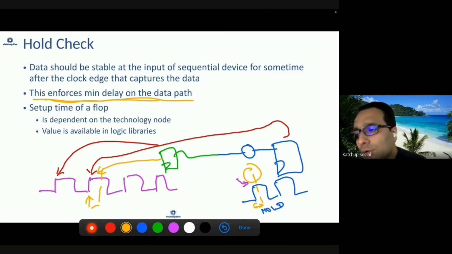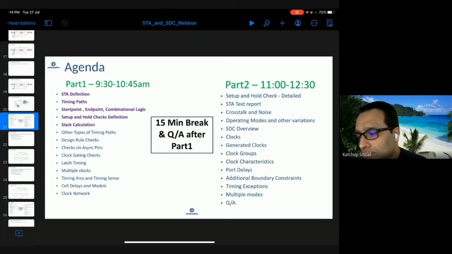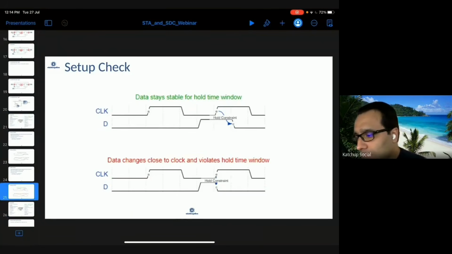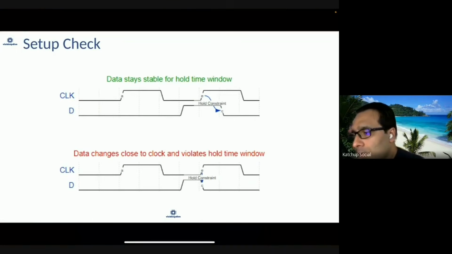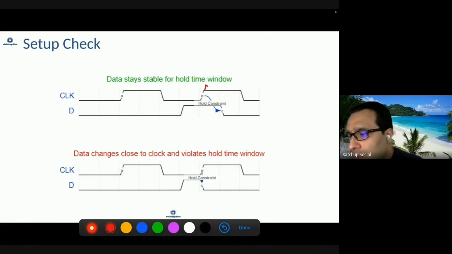Okay. So hold check means that after the clock edge, data should be stable at the input of the sequential element. Let's understand this using a waveform as well. So this is your clock edge, and your data should be held stable for some amount of time, which is defined by the logic library.